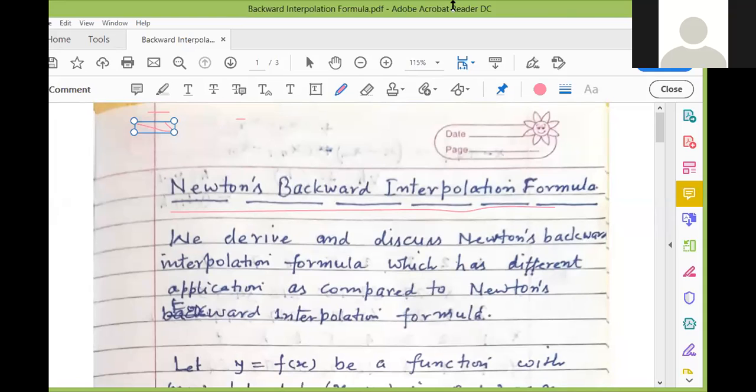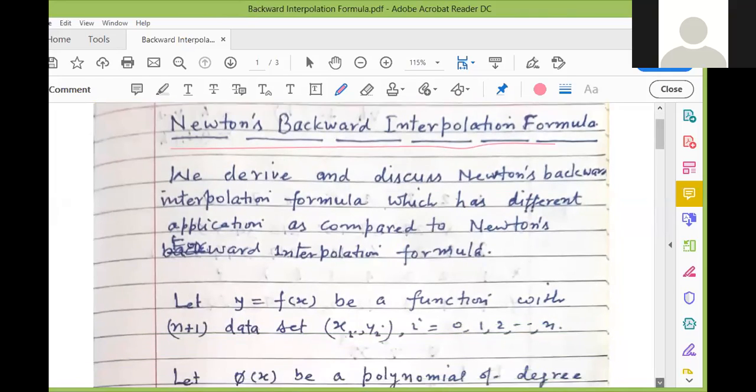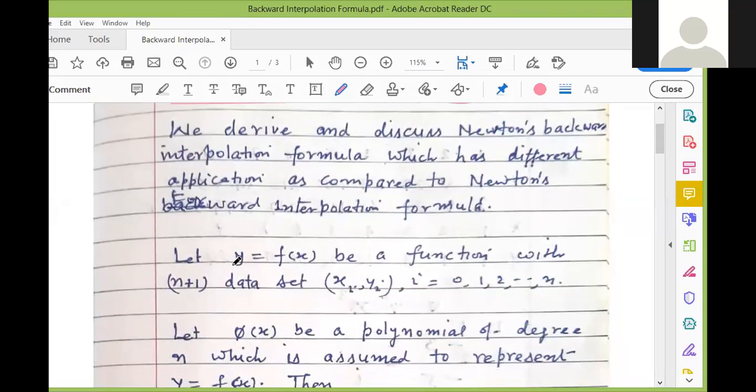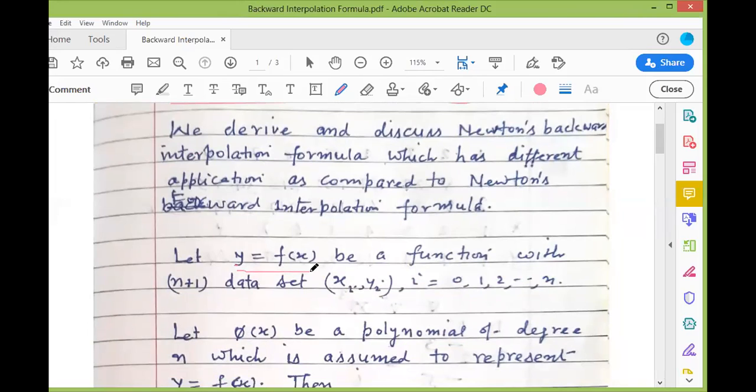So as usual, we assume there is a function. Let y equals f(x) be a function with n plus 1 data points, which are (xi, yi), i ranging from 0 to n.